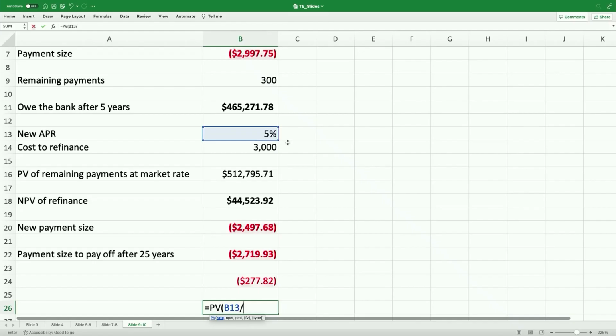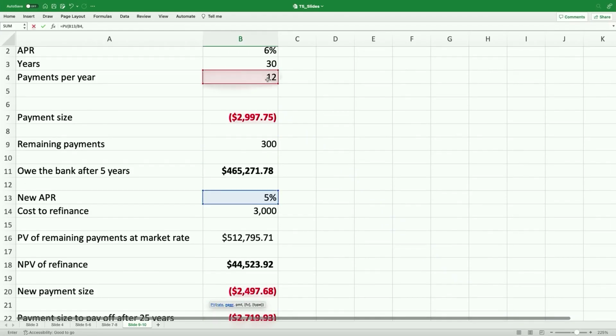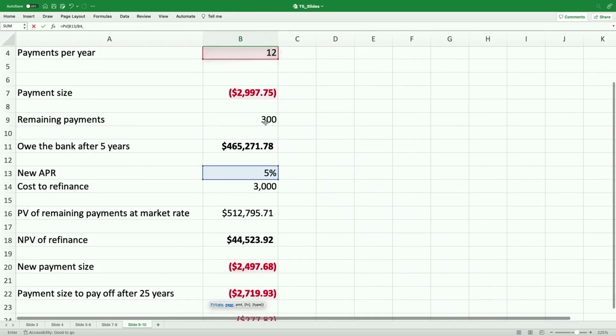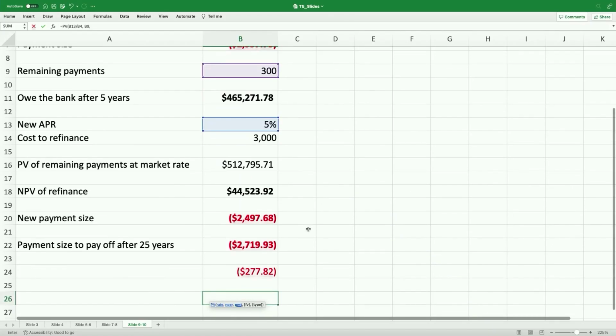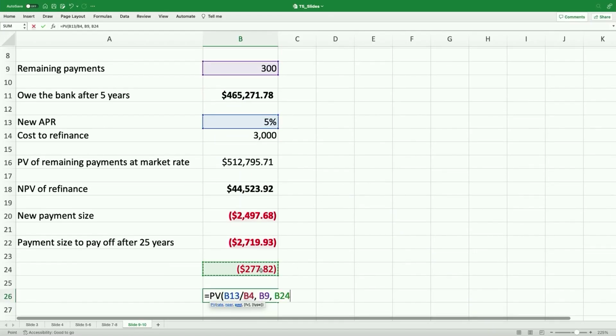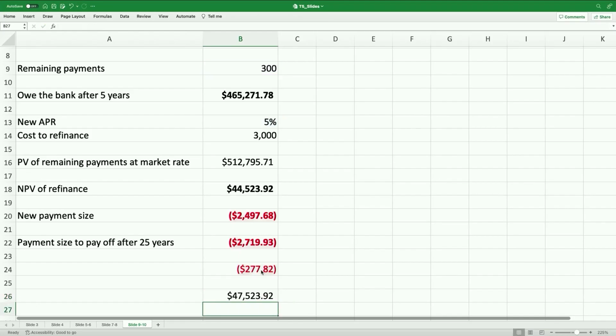The market rate is 5% divided by 12. The remaining payments are 300. This difference every month is about 278. That's exactly that $47,523.92, which remember was the benefit of refinancing.